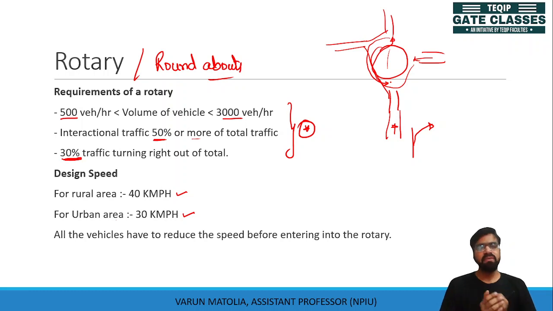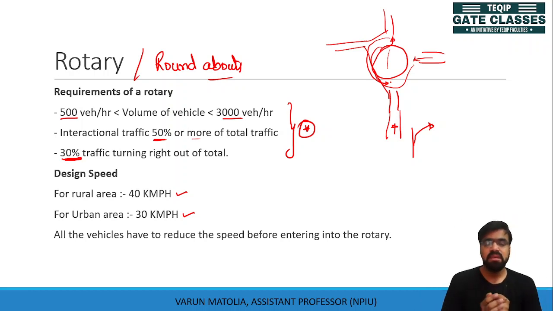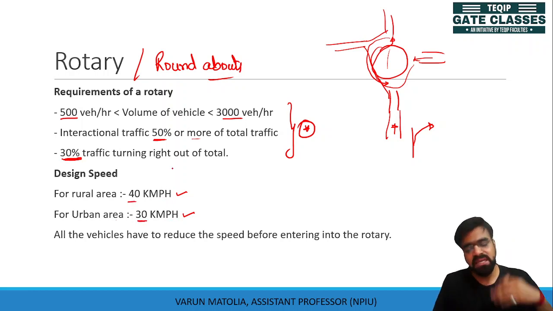Camber itself works as super elevation, and then we reduce the speed. In urban areas, the radius which you provide is more, or the movement is steeper, so we try to reduce the speed in order to increase safety. That's why we have lesser speed in urban areas and more speed in rural areas comparatively.